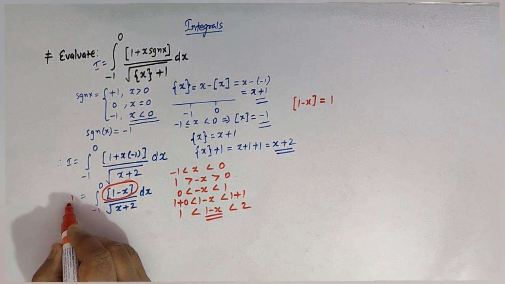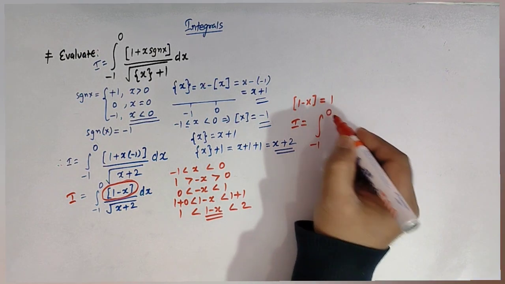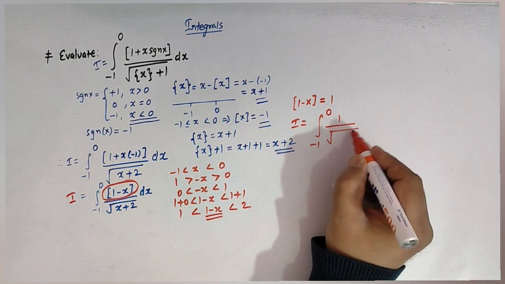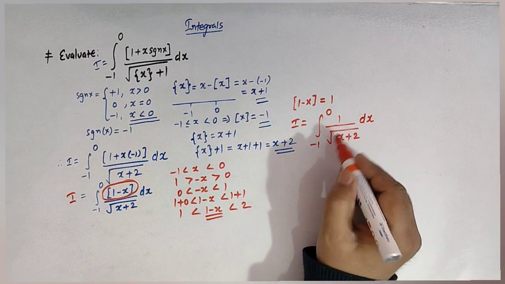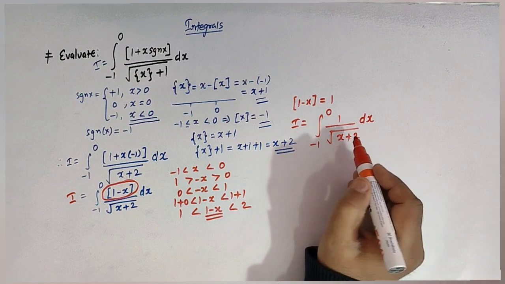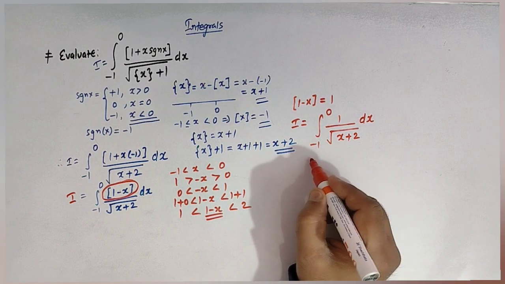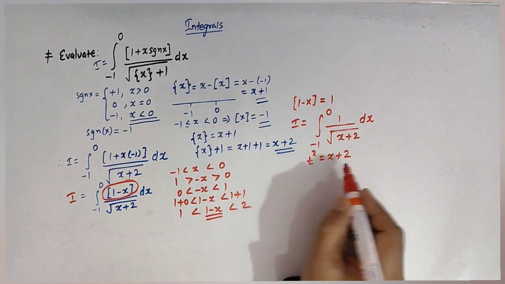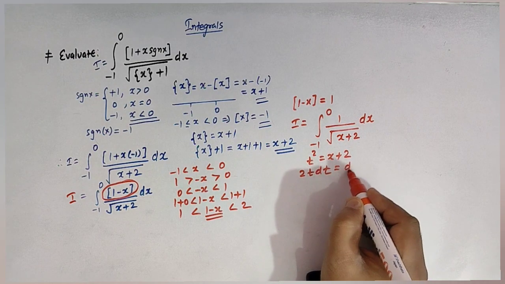Now this integral I takes the form integral from -1 to 0 of 1 divided by the square root of x plus 2, dx. Now we have a very simple integral, and it can be solved by the method of substitution. We take t squared equal to x plus 2. Differentiating both sides, we have 2t dt equal to dx.